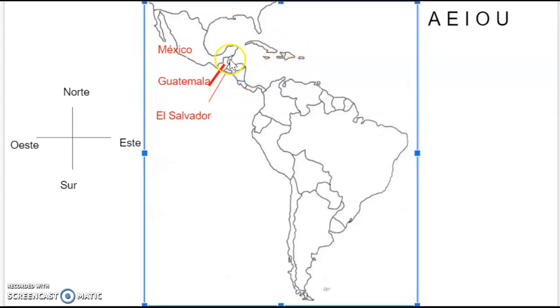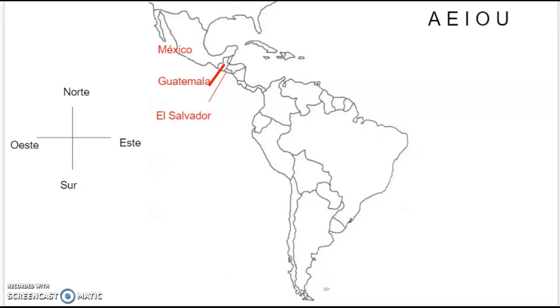This country here we don't label. It's called Belize in English, Belize in Español. They actually speak English in Belize, so we are not going to label it because we're just worried about the Spanish-speaking countries.